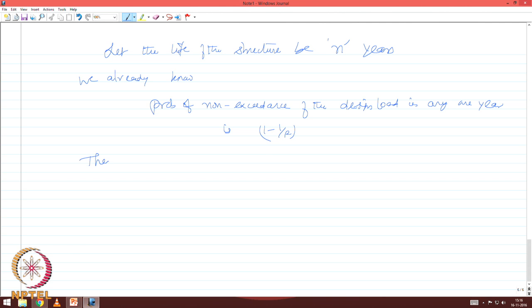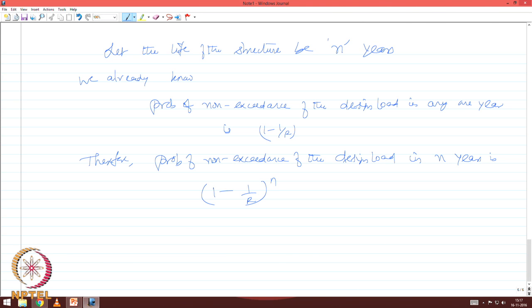Therefore, probability of non-exceedance of the design load in n years is 1 minus 1 by r raised to the power n.